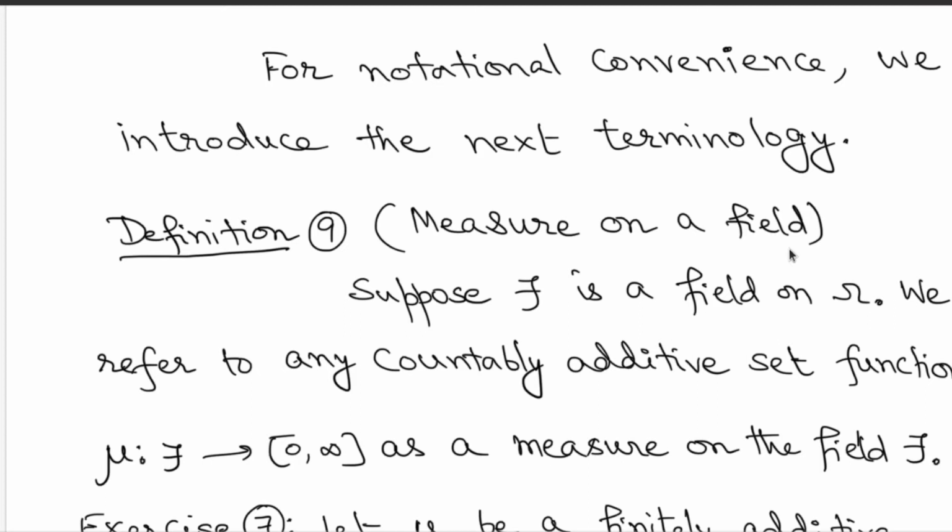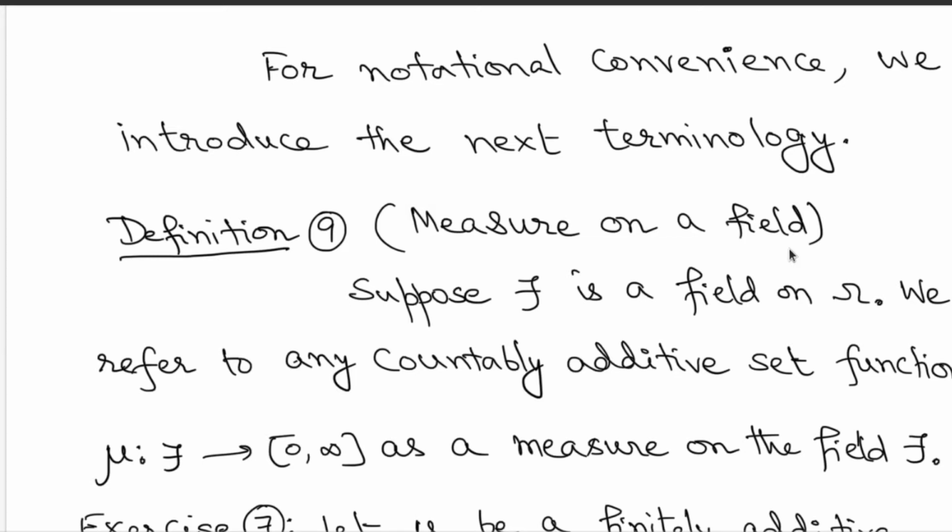What is this terminology? We are going to talk about a set function being a measure on a field. So far we have defined a measure on sigma fields, as non-negative countably additive set functions on sigma fields. Now, since we already discussed a notion of countable additivity on a field, it's reasonable to define a measure on a field.